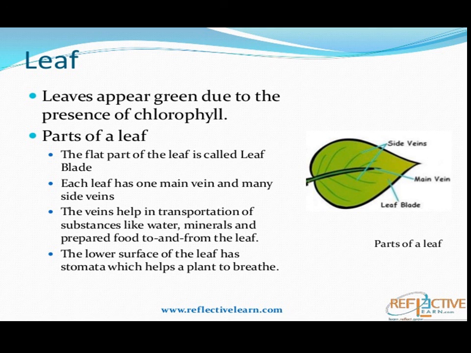Those tiny pores are called stomata, and they help the plant to breathe. So when you look for this structure in the leaf, you will surely be able to know that yes, this part is our mid vein, this part is our side vein, this is the leaf blade, and these are stomata. So let us move forward.